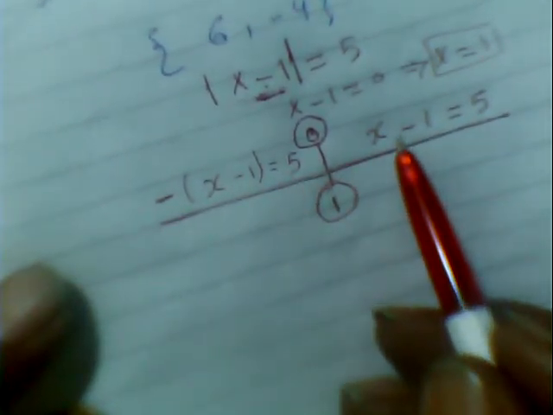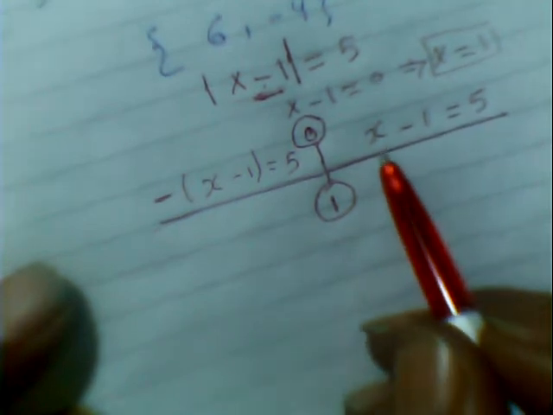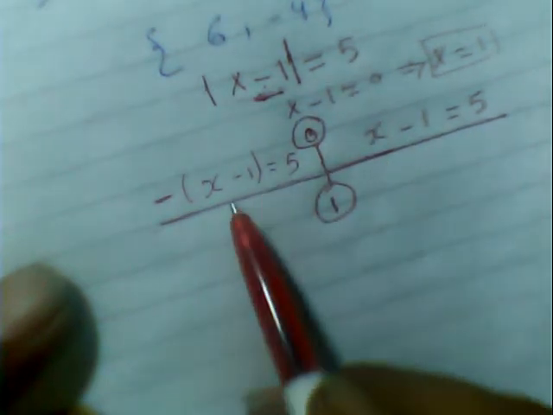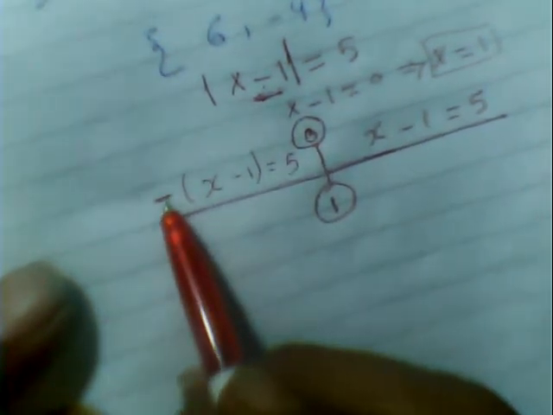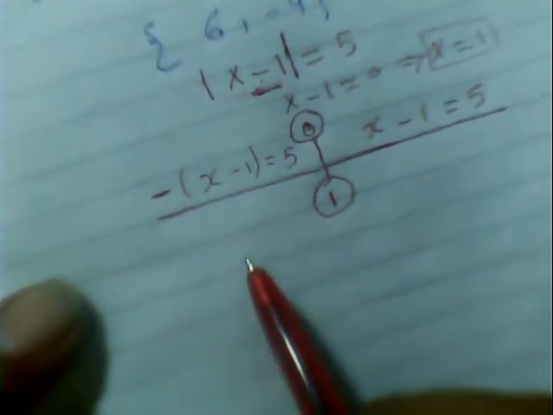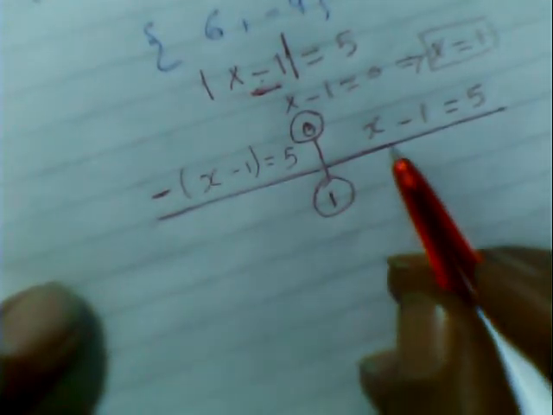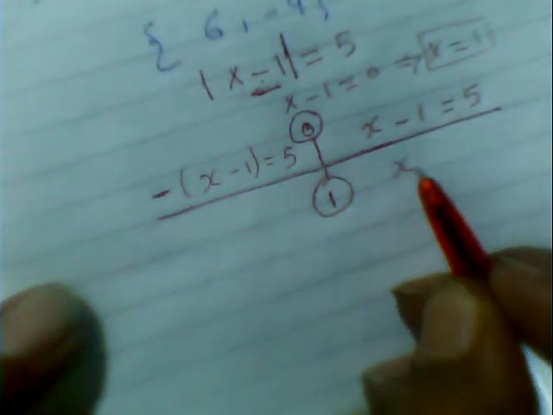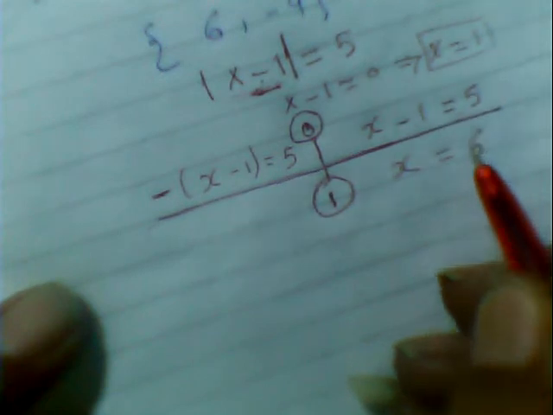Then what is the difference? In the right side we put the same, no change, but in the left we change the sign from positive to negative. That means we can solve this equation, that means x equals 6.